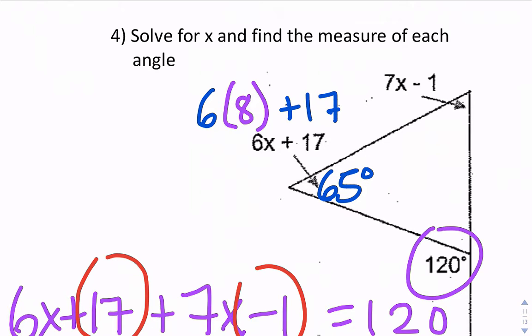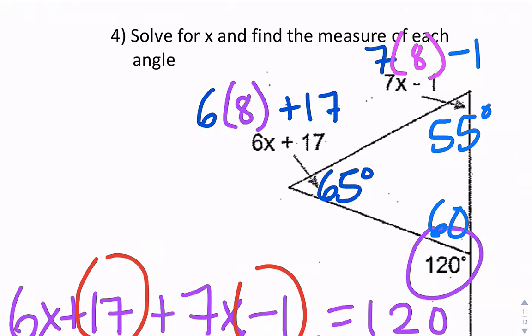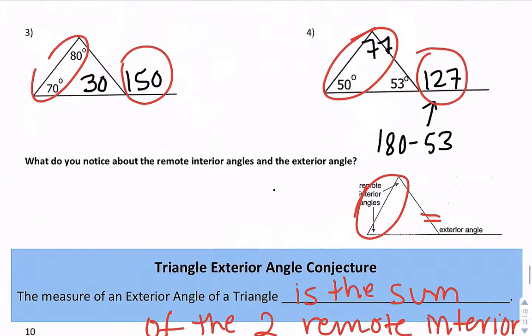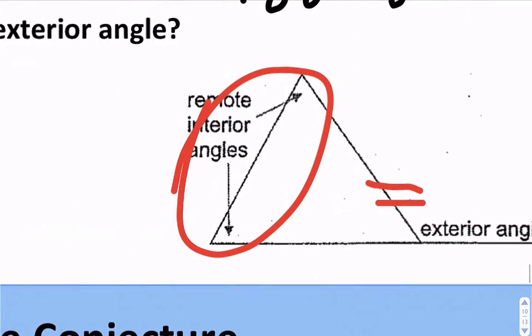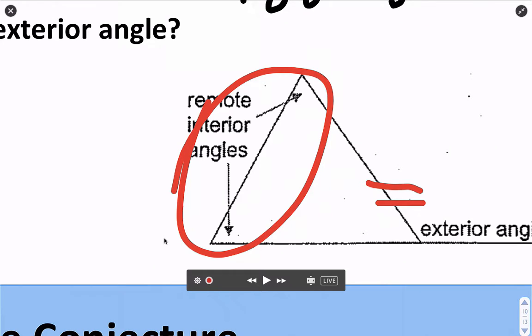And then 7x would be 7 times 8 minus 1. And so that's 56 minus 1, 55. And then to get the last angle, either add them up and subtract from 180, or just do 180 minus 120, and you'll get 60. All right, so there it is, the exterior angle theorem. The two remote interior angles equal the outside angle.